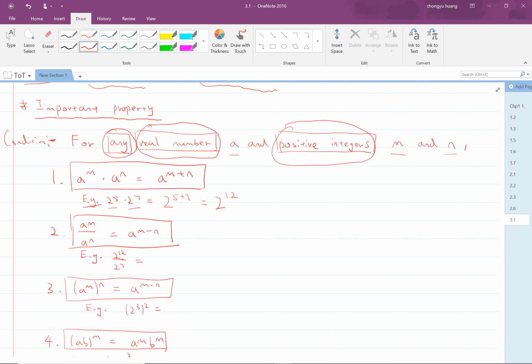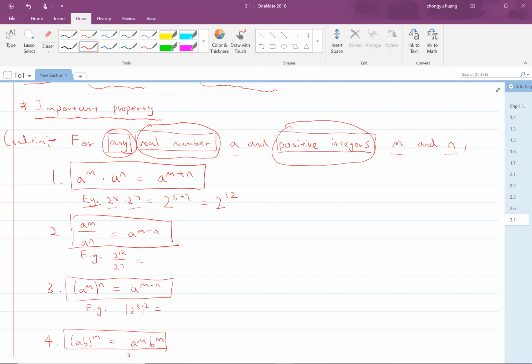So you are able to perform it. Let me repeat one more time. Here a is 2, and 2 is a real number, so we meet the condition for a.